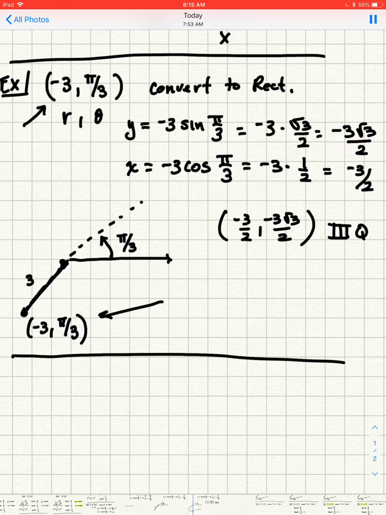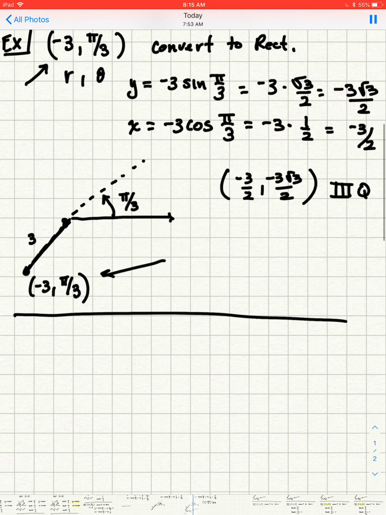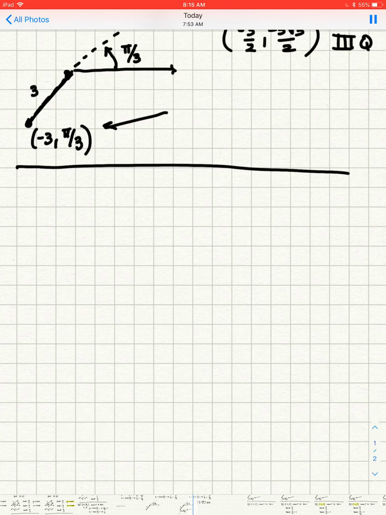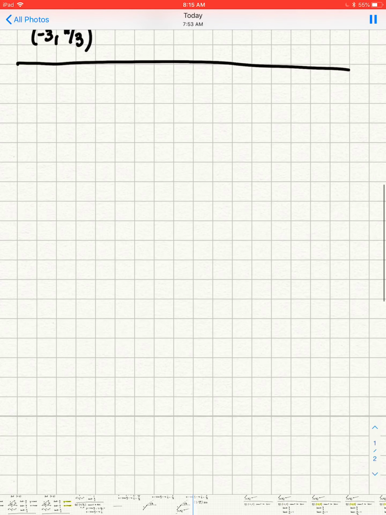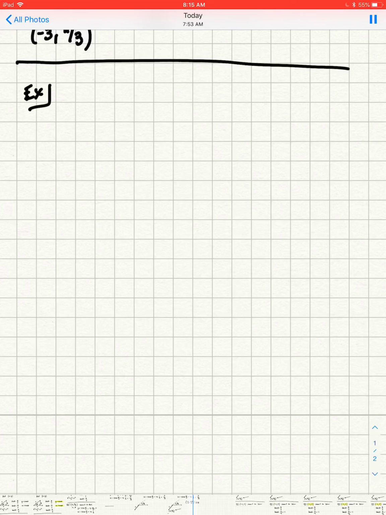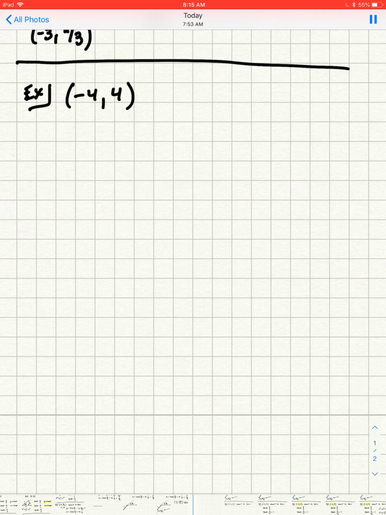The next one I would like to show you is going from rectangular to polar. So let's say you had negative 4, 4.